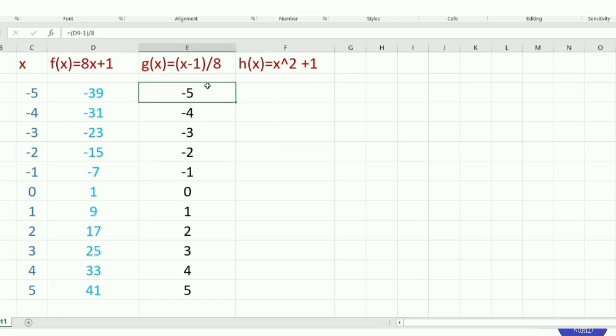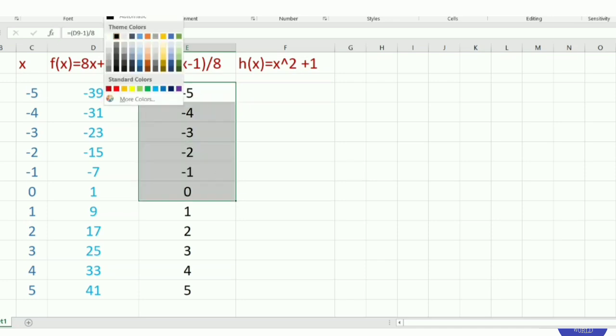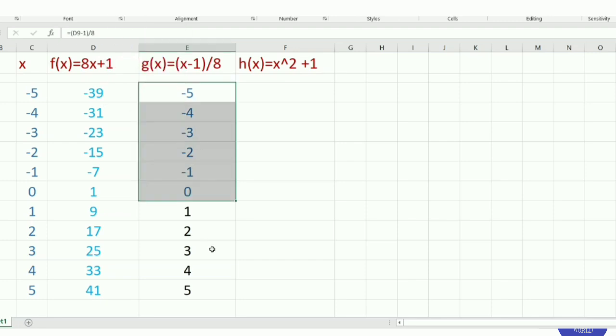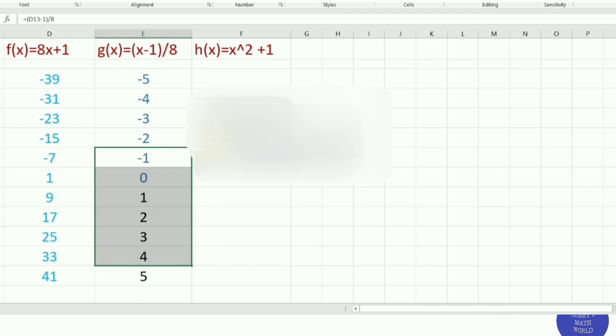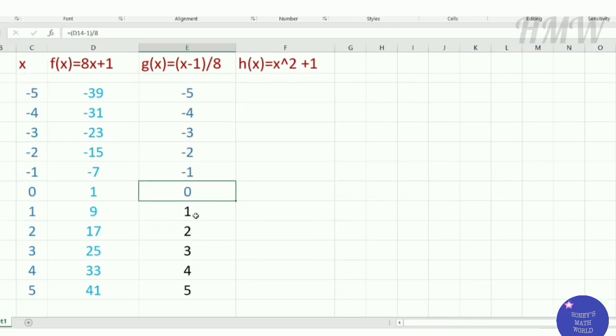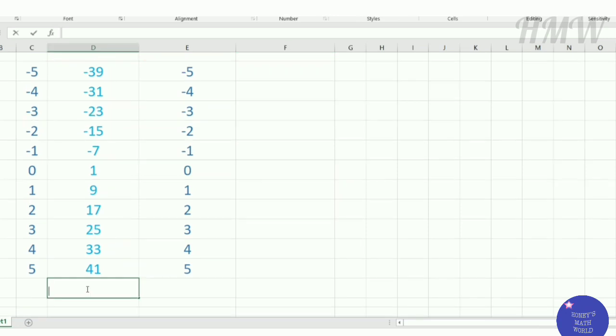Now to find the original number, we have a new function (x minus 1) by 8, where x is from the range, that is, x is from -39 to 41. When you substitute -39 to 41, we get g of x as the original number, -5 to +5.